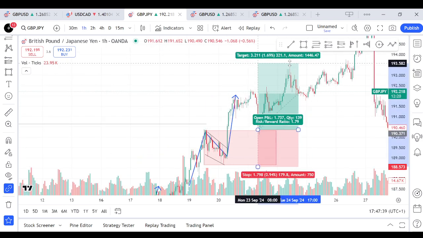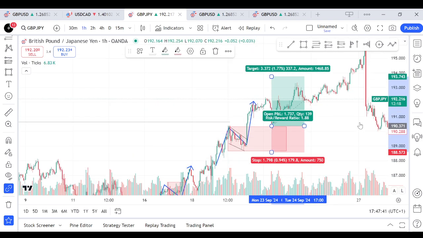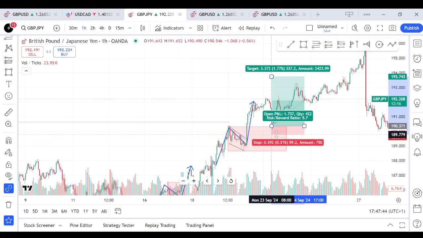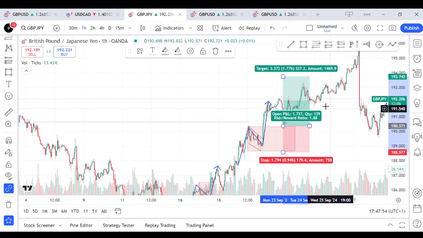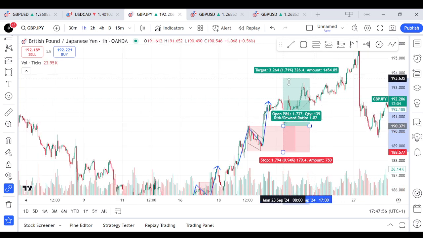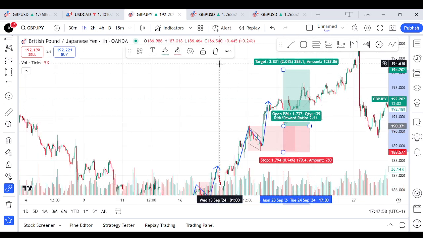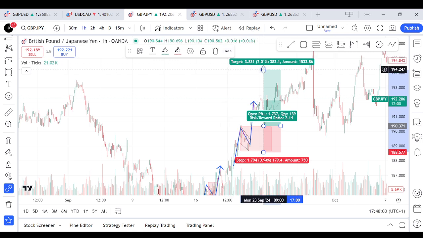So do not try to bring your stop losses closer, because price could retrace deep into the base, into this support level. Always make sure your stop loss is below the base, and your take profit could be 1:1 or 1:2, or resistance levels.